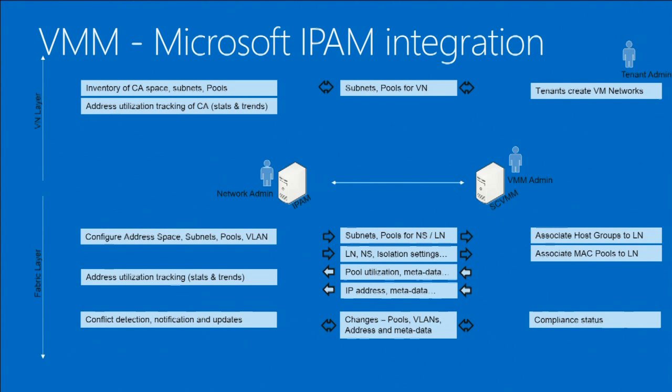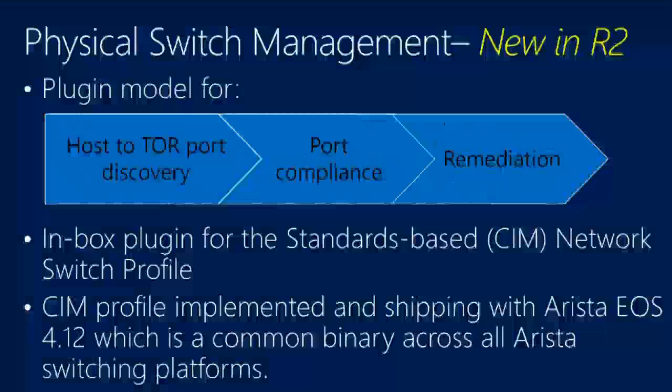You add IPAM to VMM, and then VMM will import that in. The VMM admin can then associate those subnets to the right hosts. And then over time, as those addresses get utilized, VMM will report back this utilization over time. Also then, IPAM can detect conflicts and reflect that back into VMM. So it's a really tight integration that we've created.